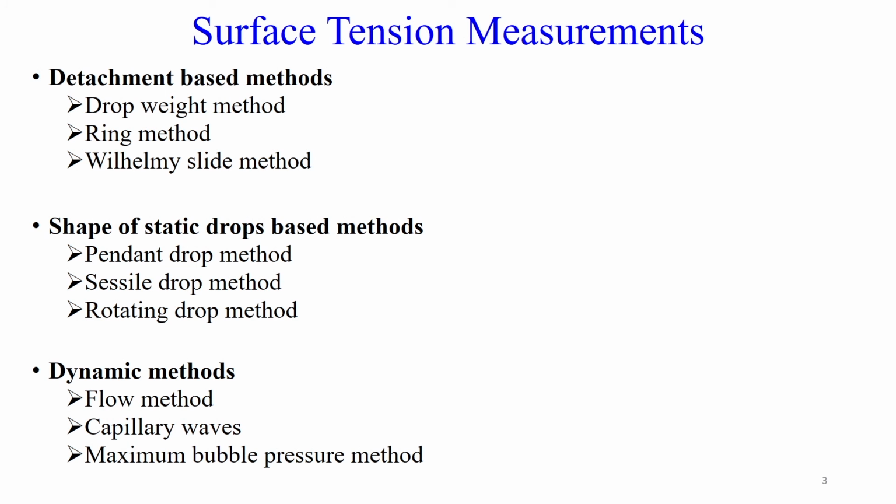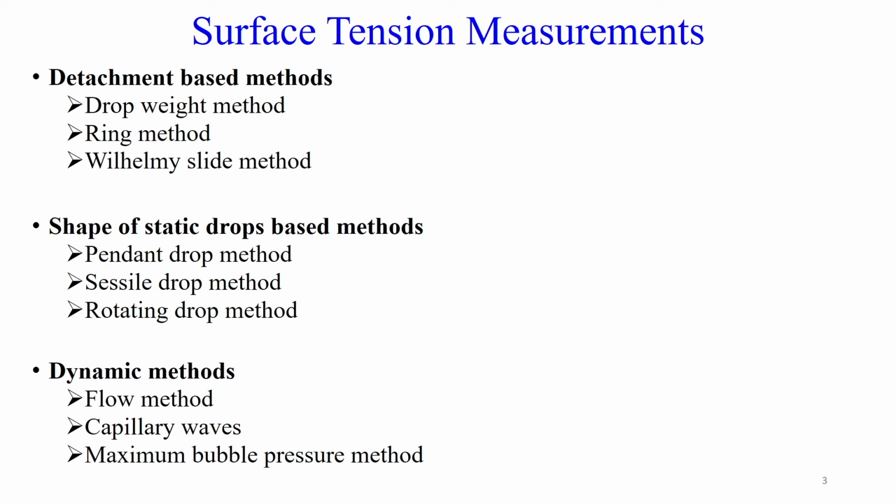That is the theoretical part, but today we will discuss how we can experimentally measure the surface tension or interfacial tension. There are different methods like the detachment method, the shape of liquid drop method or the dynamic method. We will discuss what different experimental methods are available to determine the surface tension or interfacial tension.